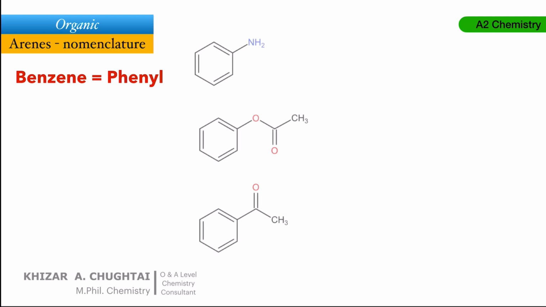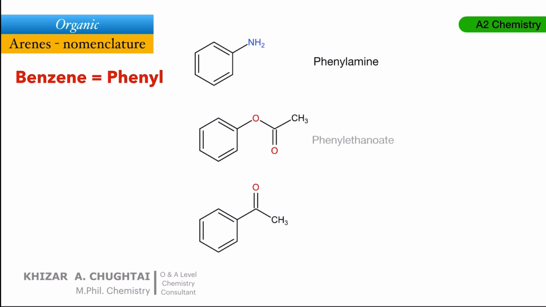Here are three examples. In all these three examples, the benzene is acting as a substituent. The normal name of the NH2 molecule is amine, so its name is phenylamine. Here this is an ester. In this case, once again, the benzene ring behaves as a substituent, so it is phenyl ethanoate.